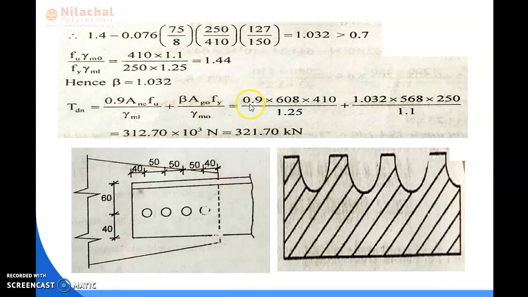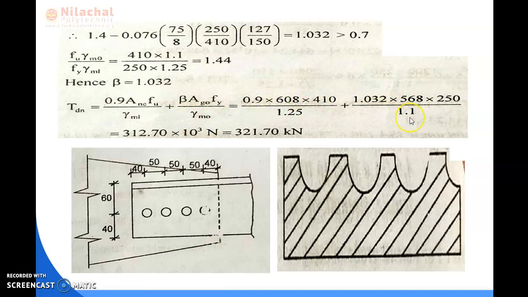So by putting this value, 0.9 into ANC is 608, Fu is 410 divided by 1.25 plus beta which is 1.032 into AGO is 568 multiplied by Fy which is 250 whole divided by gamma m0 which is 1.1.